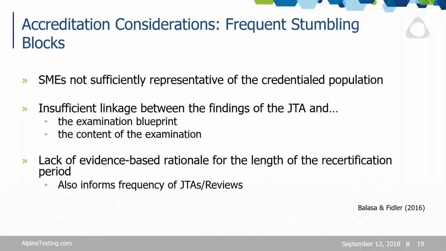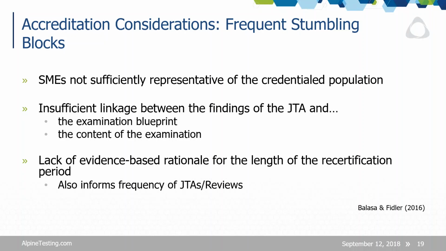For folks seeking accreditation, if you have a credentialing program that you want to get a third-party accreditation for, or are considering it, or may consider it somewhere down the road, or just want to follow along with what those organizations view as good practice, here are some areas related to job task analyses where folks tend to run into stumbling blocks. First of all, a big problem is that subject matter experts aren't viewed as sufficiently representative of the population.